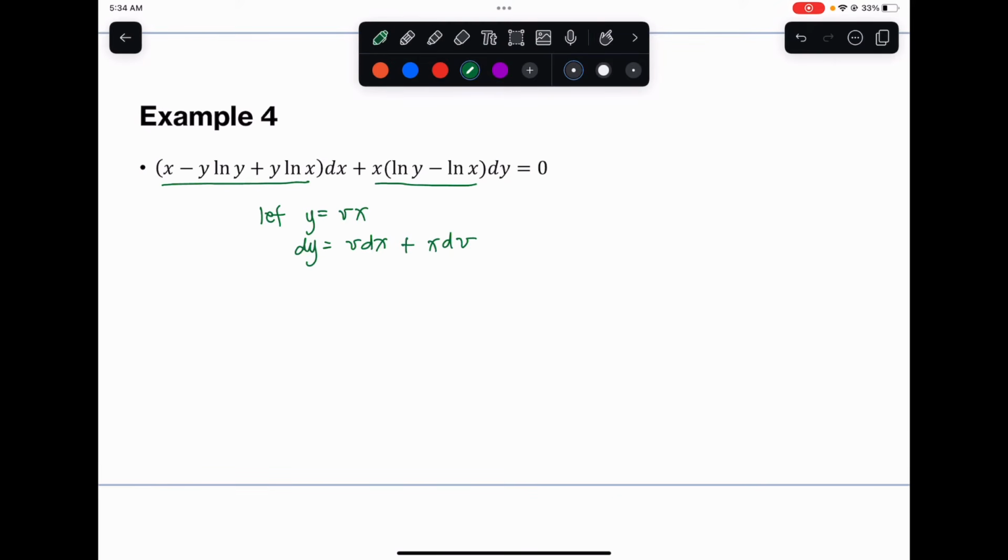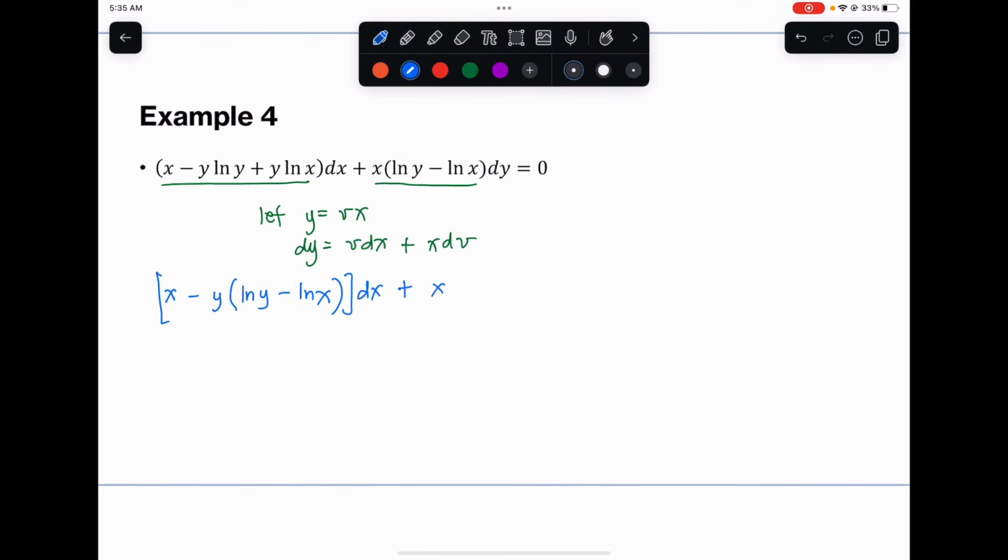So what I can do is simplify it first before the substitution. I can factor out negative y here, so that would make it positive ln y, and then minus ln x, dx.